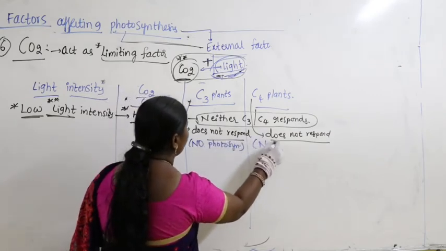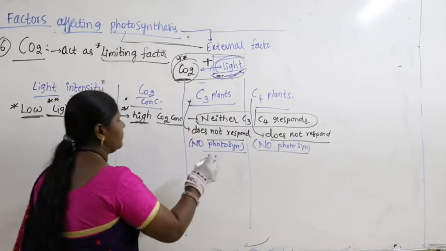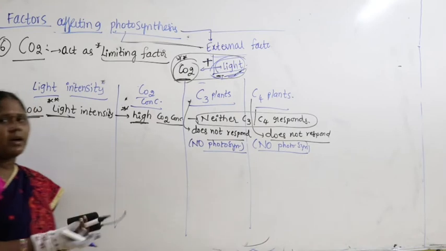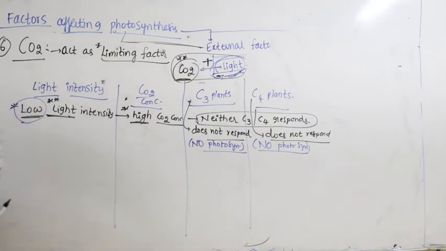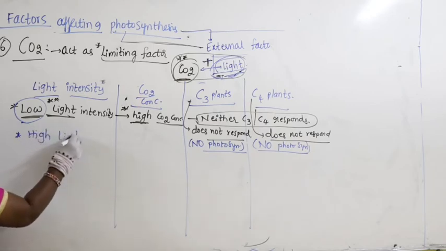There is also no photosynthesis in the case of C4 plants. The reason is low light intensity. Right. Now, suppose we take high light intensity.